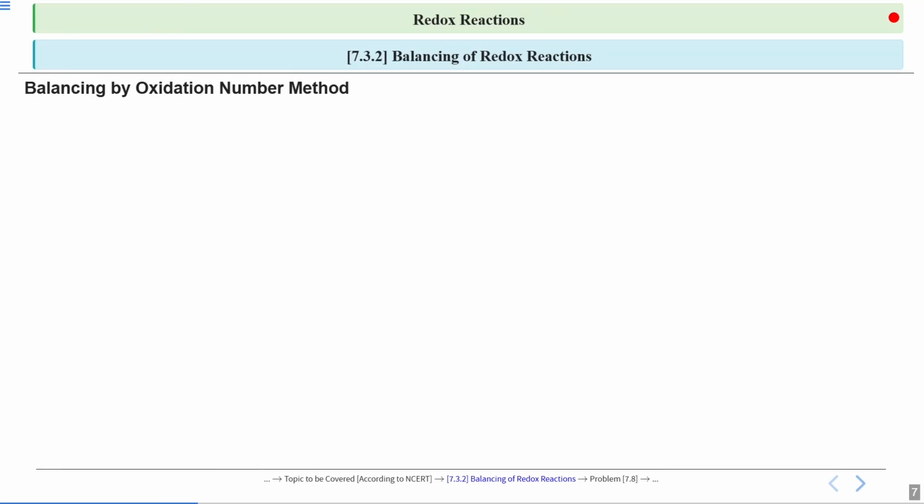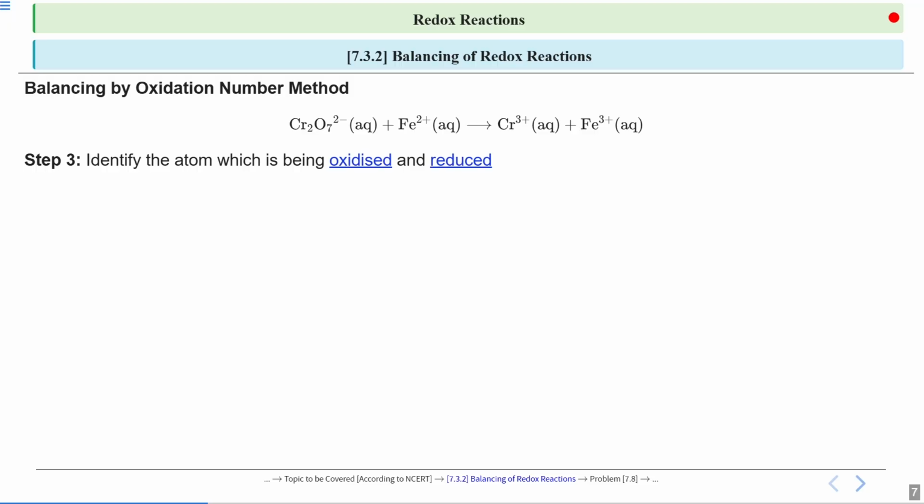Now this is the reaction that we are balancing, and in the third step we have to identify the atoms which are being oxidized and reduced. As we have studied in previous classes, the atom which is being oxidized can be identified when there is an increase in the oxidation number of a species.